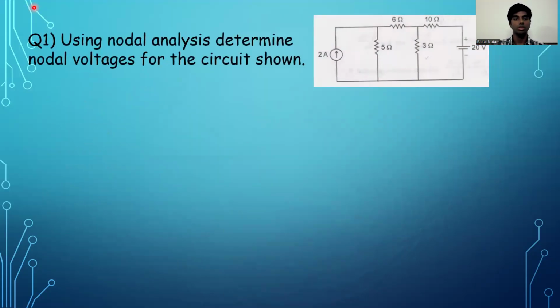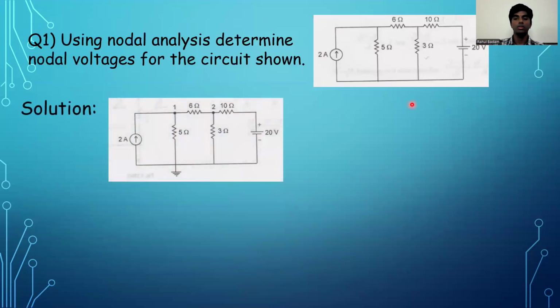Let's get to the first question. It says, using nodal analysis, determine the nodal voltages for the circuit shown. Now, this circuit contains a 2 ampere source and a 20-volt voltage source with 4 resistors of different resistances. Let's assume this point to be the reference node, whose potential is considered to be 0.